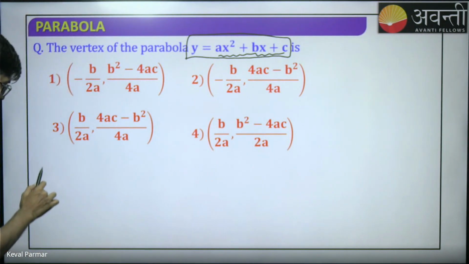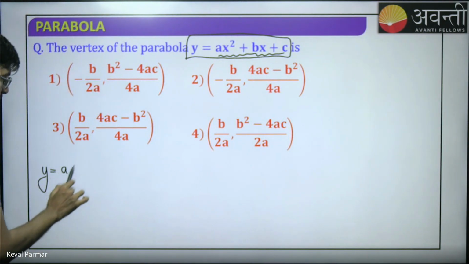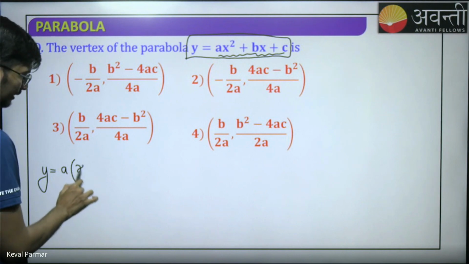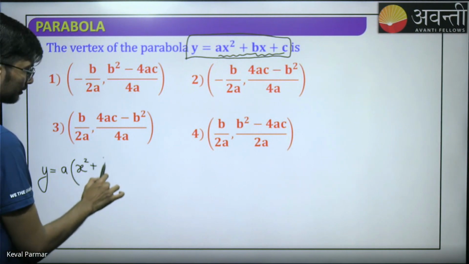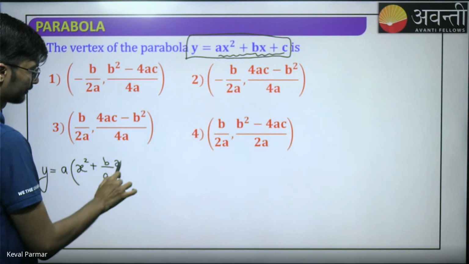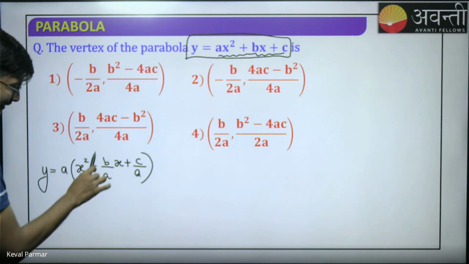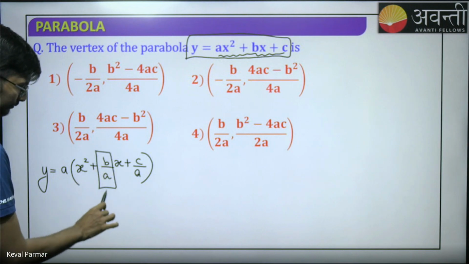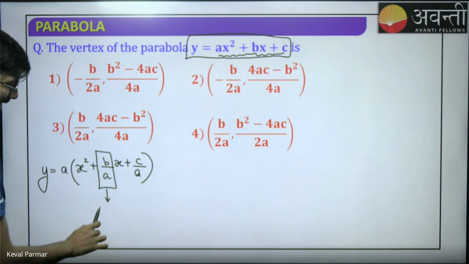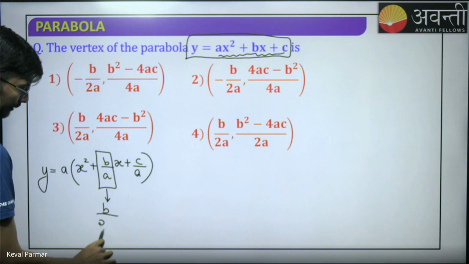For completing square method, first we have to take a common. So I'll get x square plus b upon a x plus c upon a. Then we see the coefficient of x, its half, that is b upon 2a.